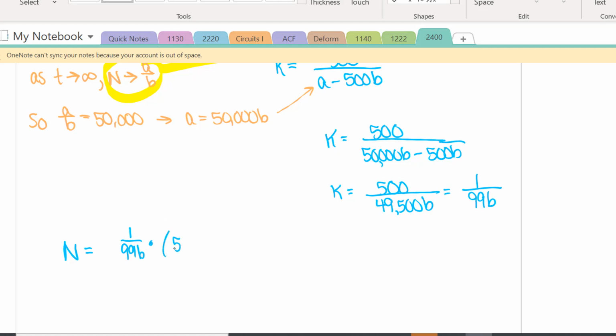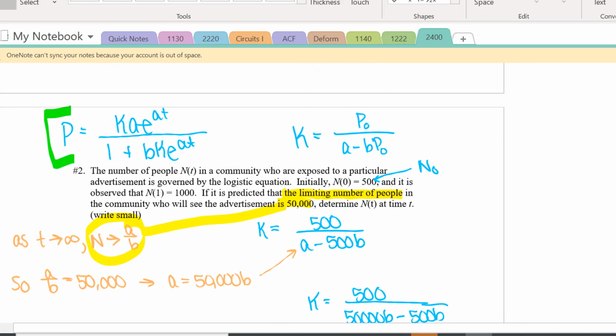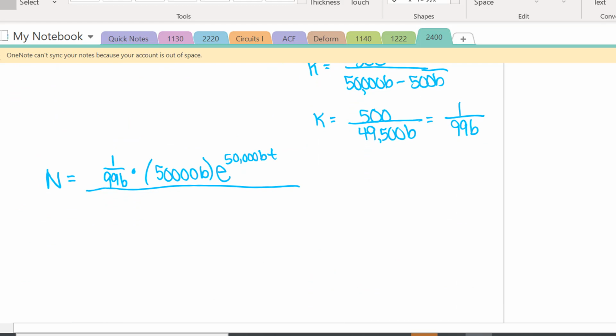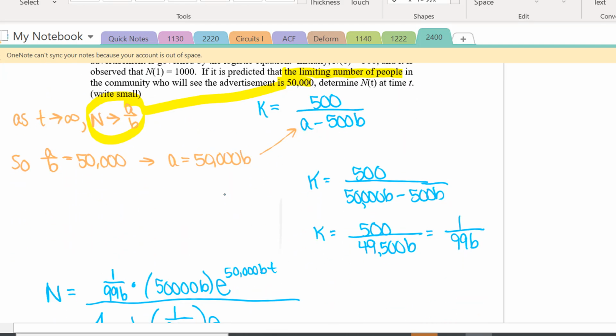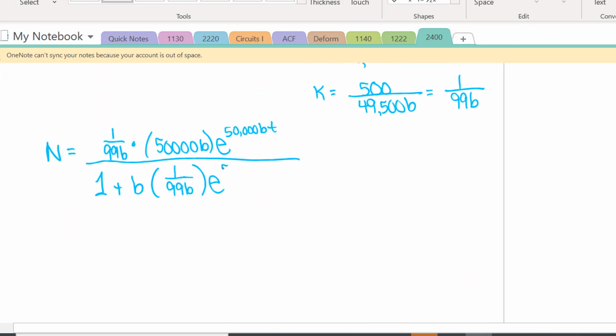A is 50,000 B, e to the AT, and A is 50,000 B times T. So there's my K, A, e to the AT, and then in the denominator I have 1 plus B times K, and K is 1 over 99B, e to the AT. And A is 50,000 B times T.